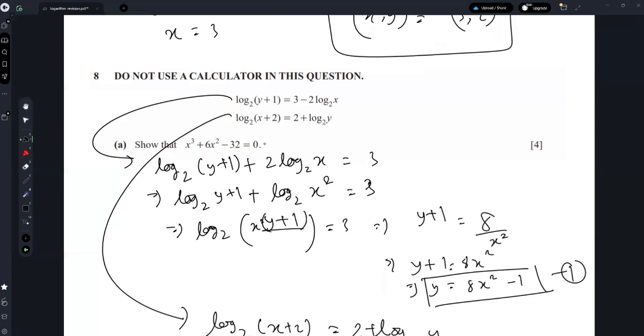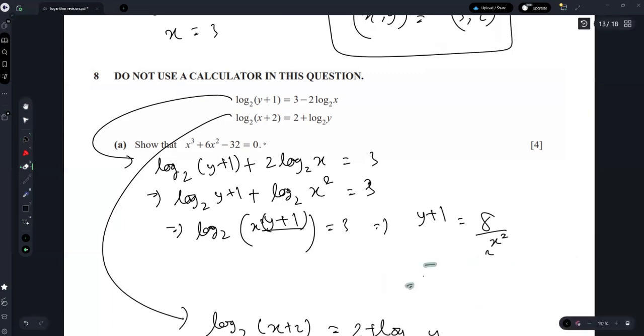So therefore, now we can say that it's actually going to be the following. It is going to be y plus 1, no, y equals 8 by (x squared minus 1).